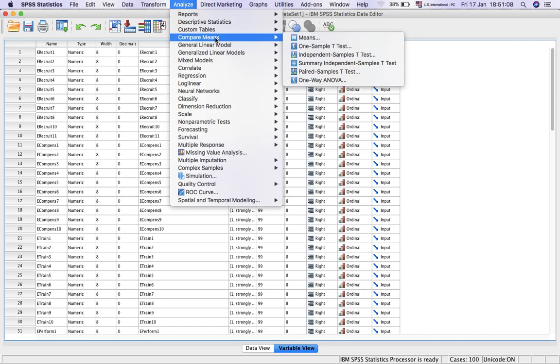It explores the proportion of cases that fall into the various categories of a single variable and compares this with a hypothesized value. I remember I showed you that. Now I know the very specific name.